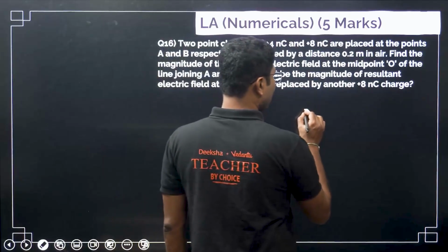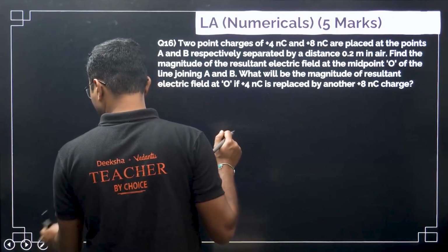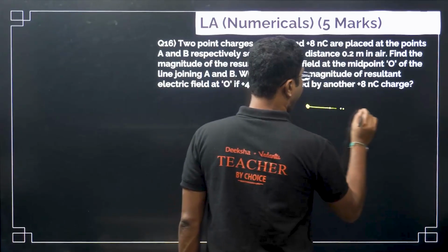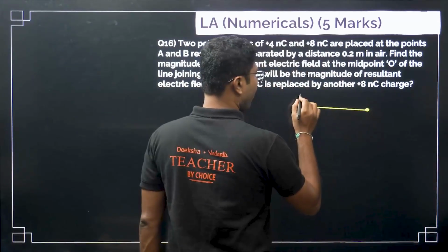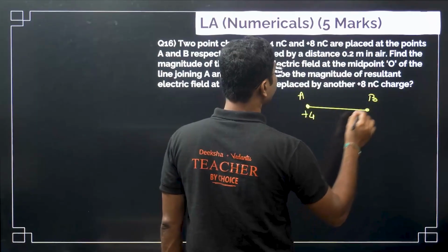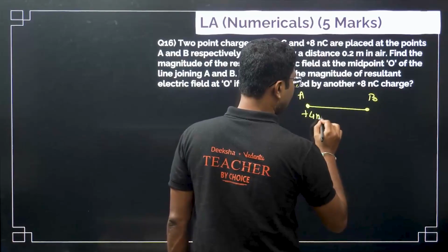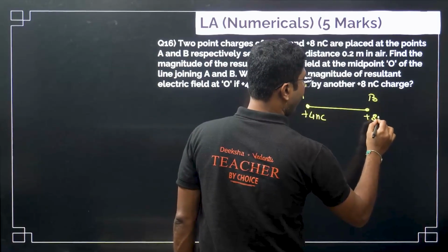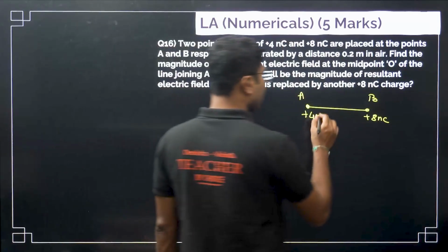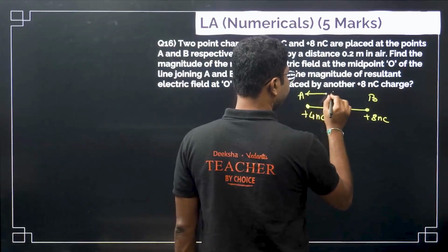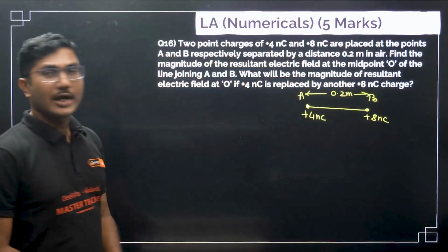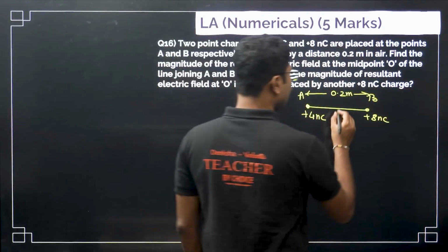Now let's see. What are the charges? Point A and point B: this is plus 4 nanocoulomb and this is plus 8 nanocoulomb. The distance between them is 0.2 meter, and we are trying to find the electric field at the midpoint.